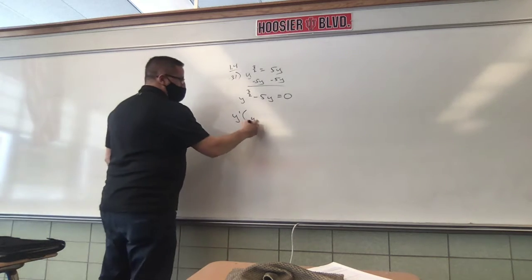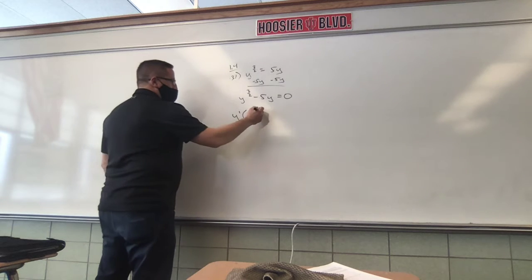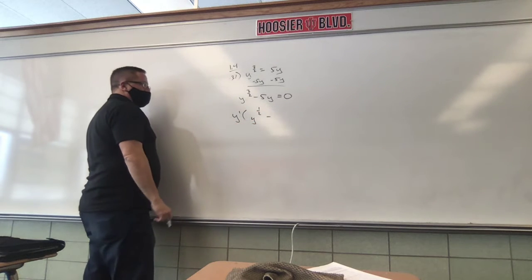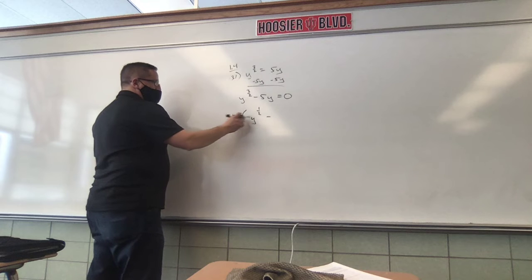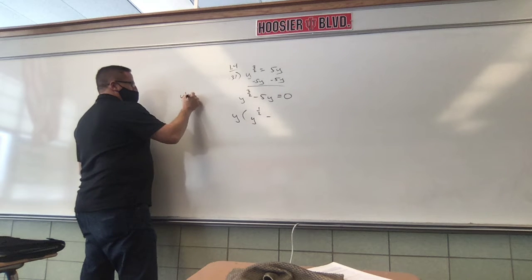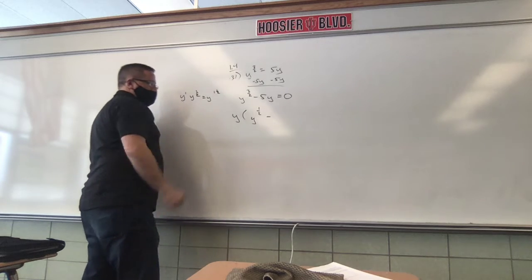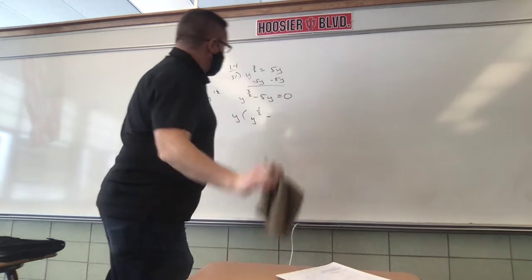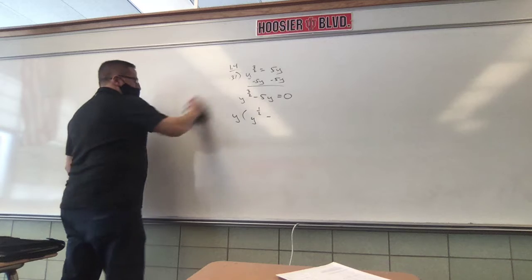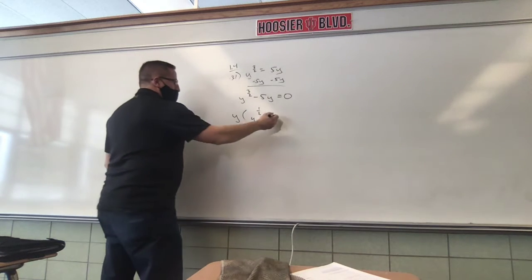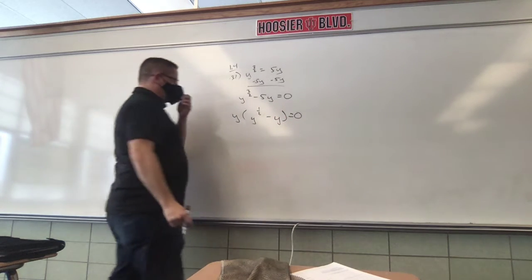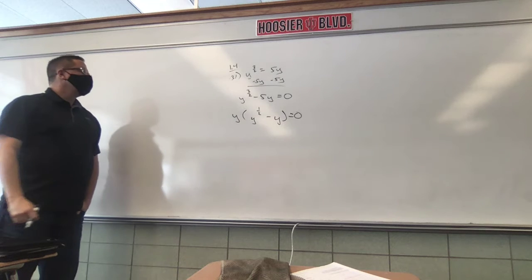So y to the half, because y to the first times y to the half is y to the 1.5, which is y to the 3/2, same thing. And then if we take a y out of 5y, what are we left with? This is one problem we never would have done in Algebra 2. We've never done a problem like this, okay?